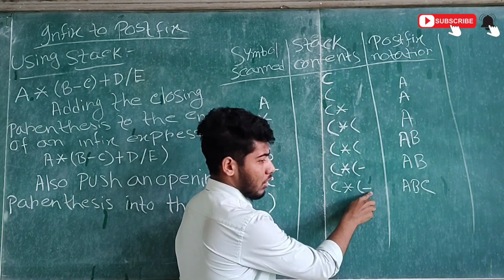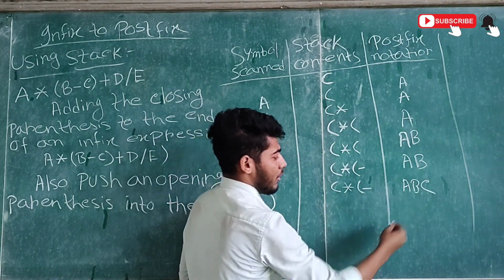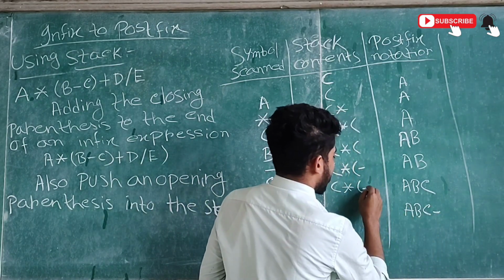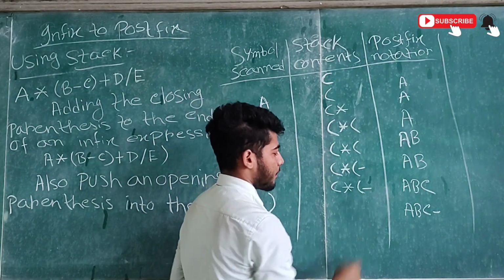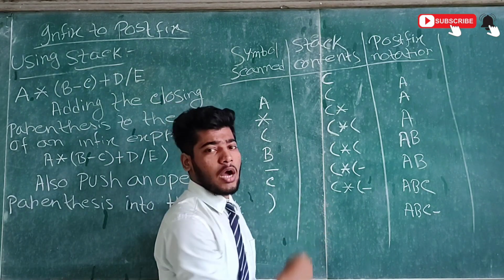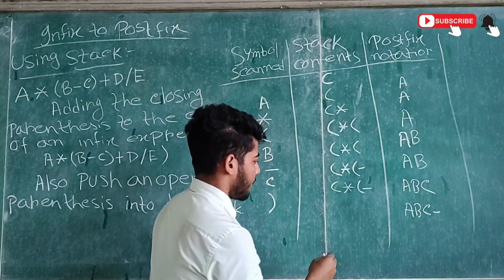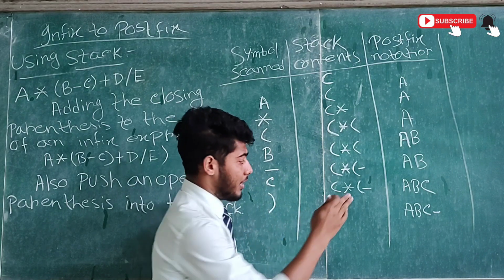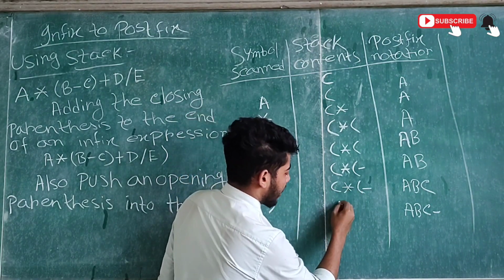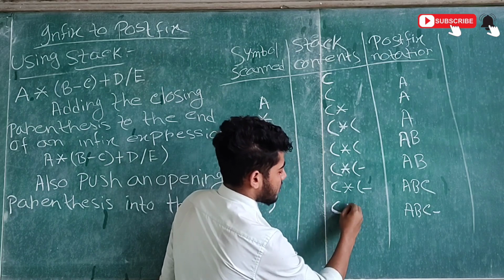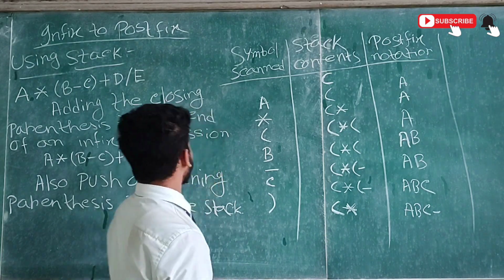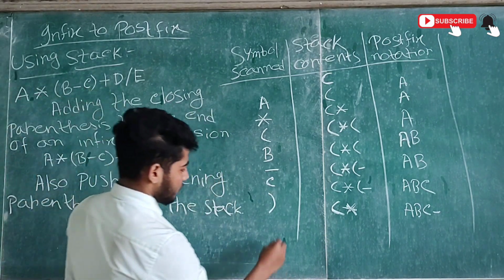So first the top is minus, so it will be added to the postfix: A, B, C, minus. Then the left parenthesis is encountered, so it will stop. And lastly, remove the left or opening parenthesis. So only the first parenthesis and multiply remain here. Next is plus.